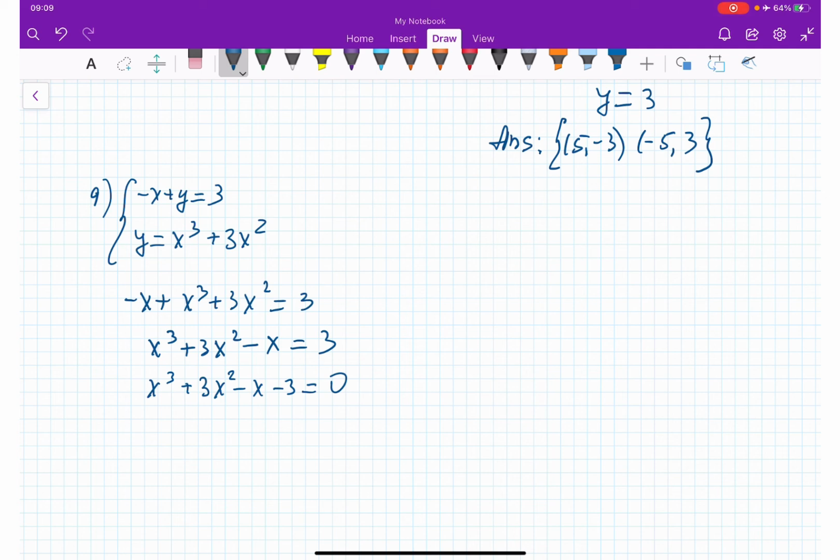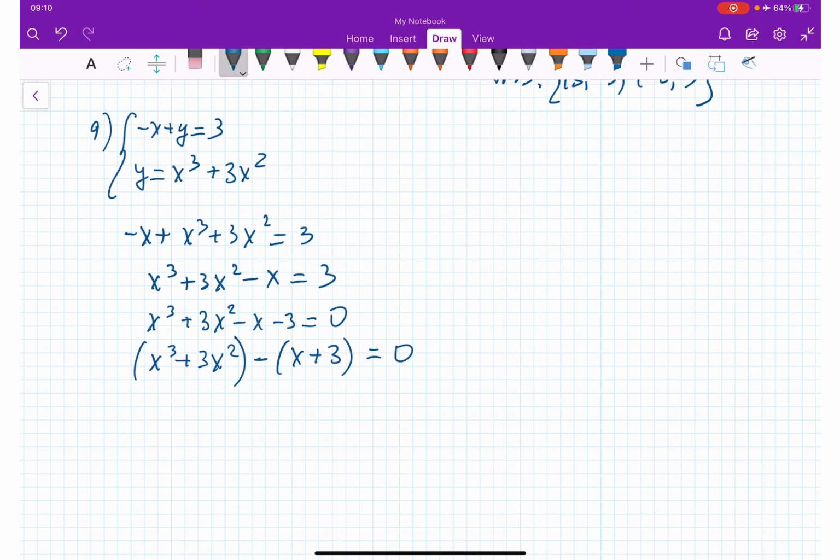So it's going to be x cubed plus 3x squared, right? Since I have a minus in front, it's going to flip the signs within the parentheses. It's going to be x plus 3, right? x was negative, became positive. 3 was negative, became positive, equals 0. So let's take x squared from the first parenthesis out. x plus 3 minus x plus 3 equals 0.